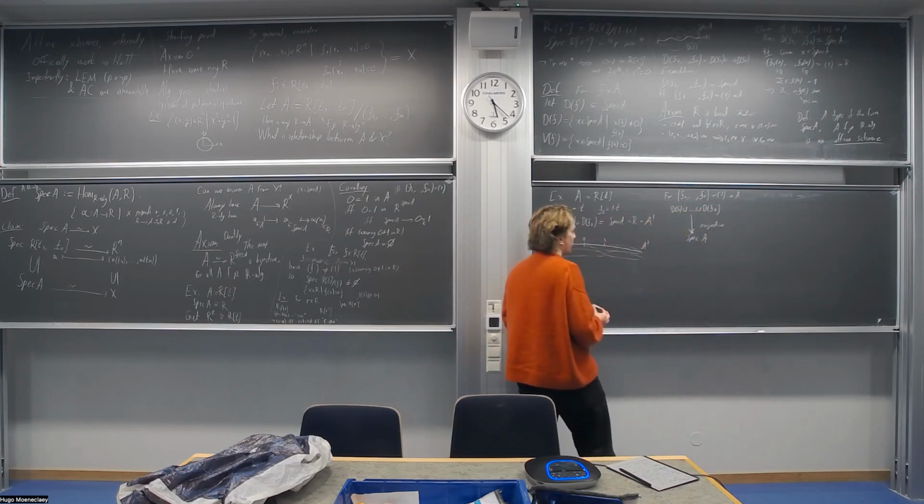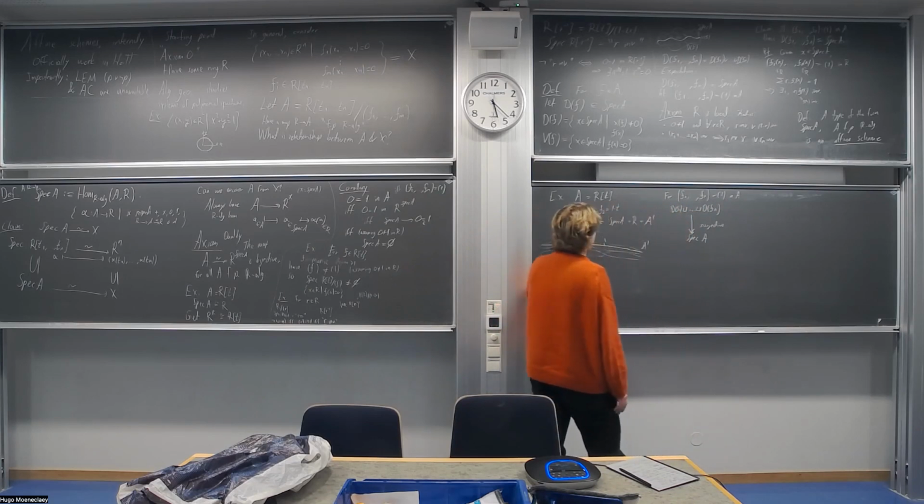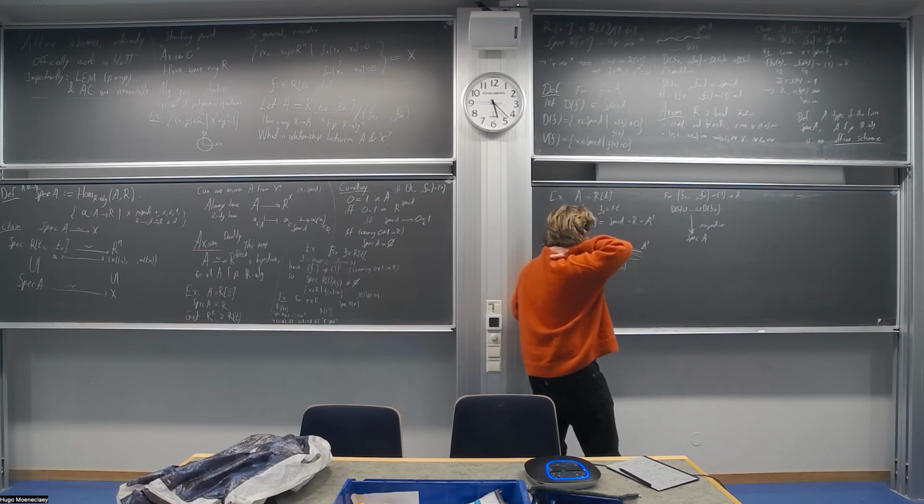And in general, you can show that there is no inverse. Like in this example, there is no map that goes from R to D(f1) disjoint union D(f2) that's continuous. There's no section.